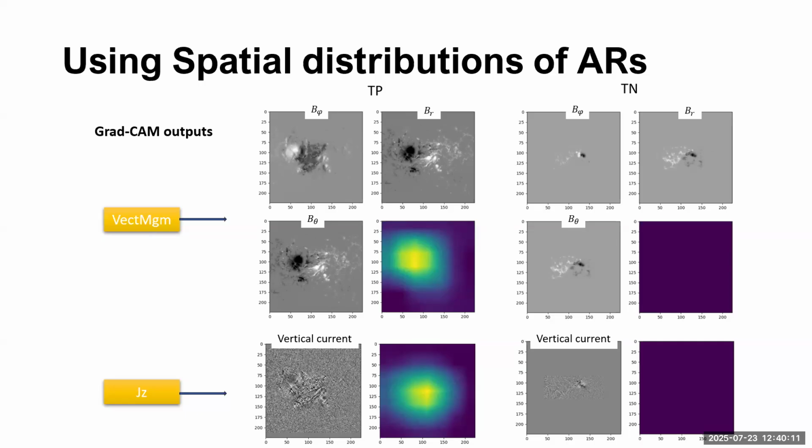If you take a look here, the true positive case is where the model correctly predicted a flaring case. Here, the brightening is around the polarity inversion line, where the polarity changes. That's where the model found some flare precursors. Also, for the correctly identified negative samples, you see that there were no flare precursors identified by the model.